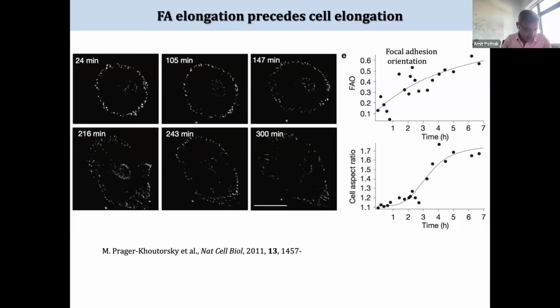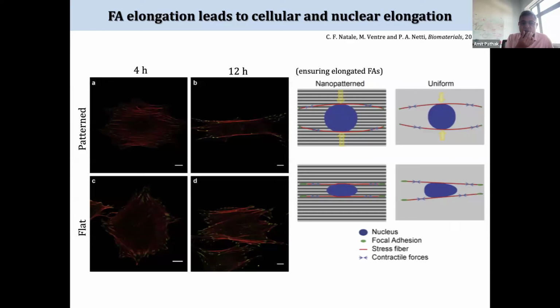Okay, so the next example is also a clever experiment showing what happens if you force focal adhesions to form elongated, which you can do by nanopatterning of these ligands, ECM proteins. On this side, the ECM proteins are nanopatterned, meaning focal adhesions have no other way but to be elongated, because they can only form in these lines.